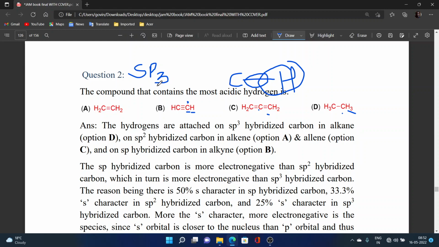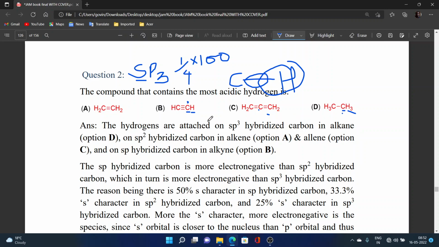So 3 plus 1, 4. Out of that, s is only 1. So 1 by 4 times 100 gives you 25%, right? So 25% s character on the carbon which is sp3 hybridized, right?